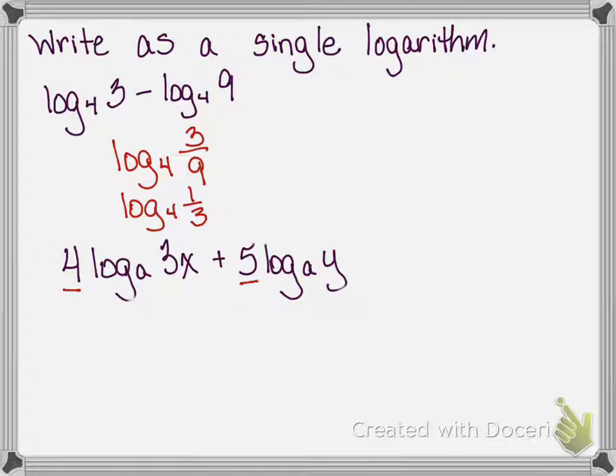Now, that 4 belongs to the 3 and the x, and that is something that students miss. So this is rewritten as log base A. The 3 and the x are raised to the 4th power. Both of those are in that index. Okay? Where does the 5 go? To the y.